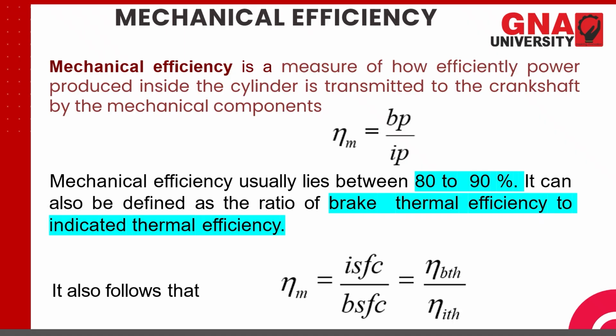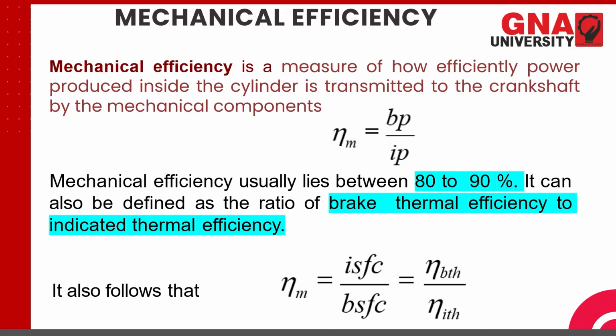It can also be defined as the ratio of brake thermal efficiency to the indicated thermal efficiency. As we know, brake thermal efficiency is the ratio of brake power divided by mf dot into CV, and indicated thermal efficiency is the ratio of indicated power divided by the same amount mf dot into CV.